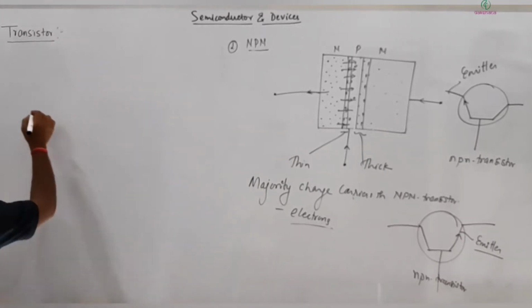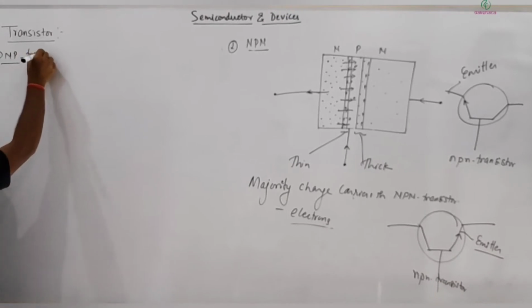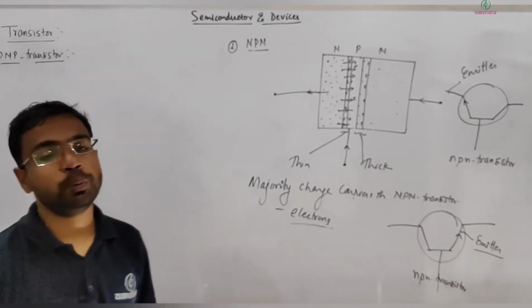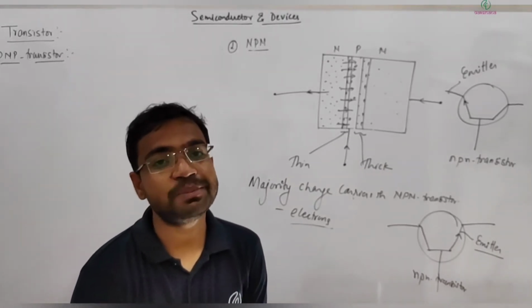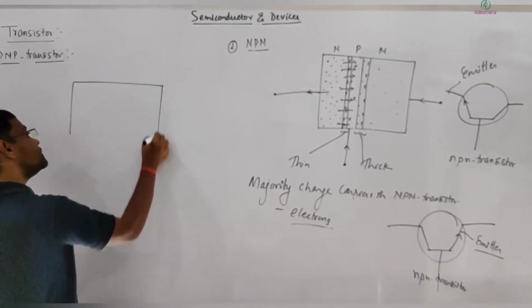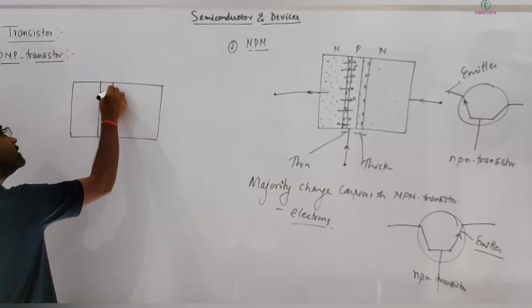Another possibility can be a PNP transistor. In the case of a PNP transistor, one n-type semiconductor is sandwiched between two p-type semiconductors, and that transistor is termed a PNP transistor. So here also this is the situation.